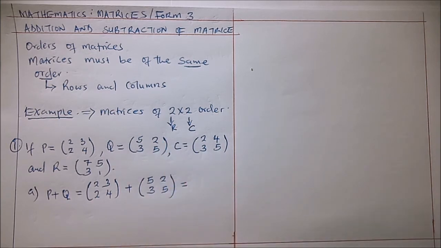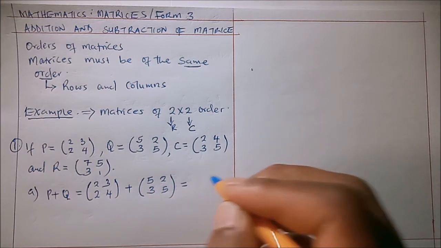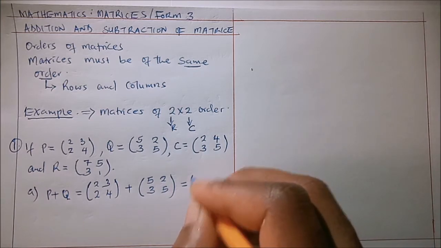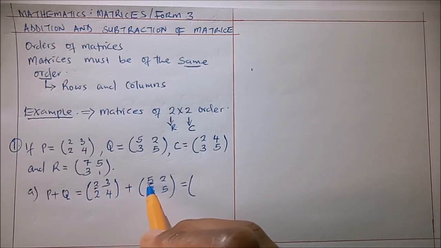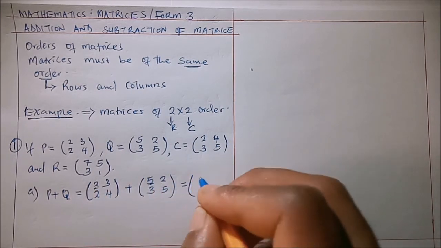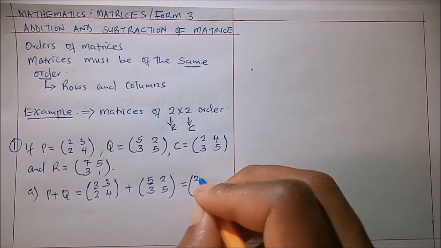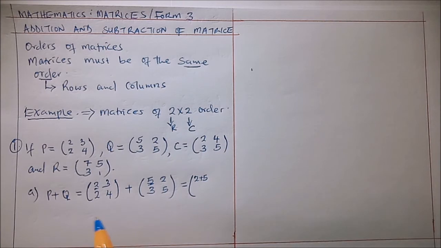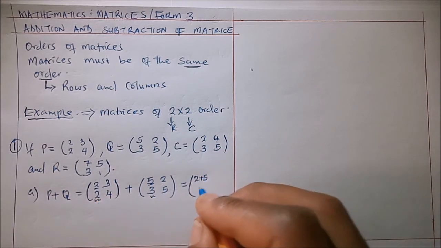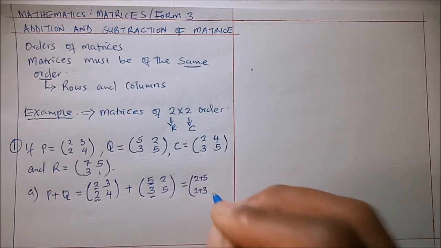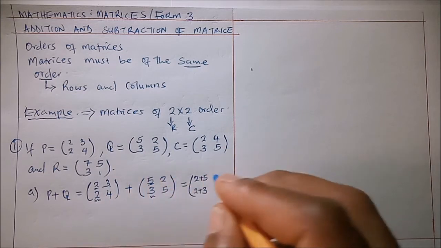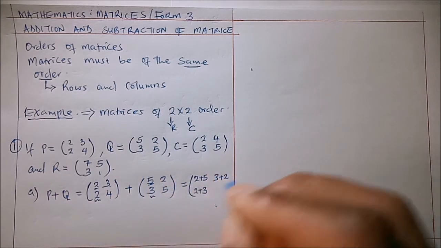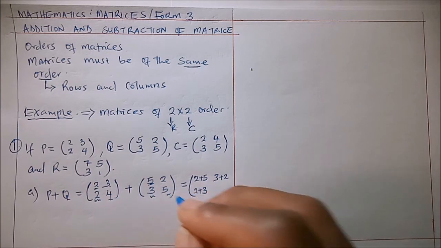When it comes to addition, this is very simple. We are supposed to add those elements in the same positions. Like we look at 2 and we look at 5. Those elements are in the same position, so we are going to have 2 plus 5. We are also going to have 2 plus 3, then 3 plus 2, and lastly 4 plus 5.